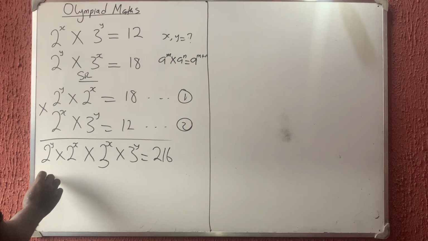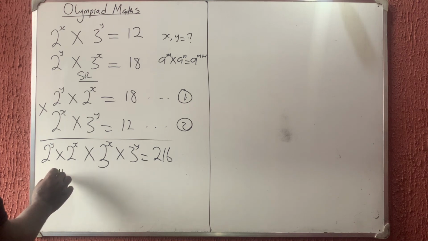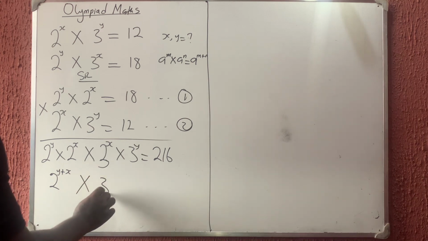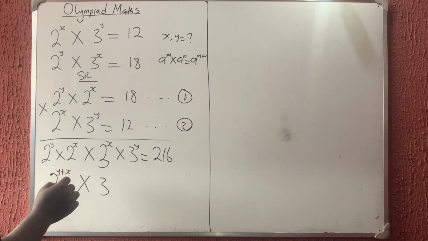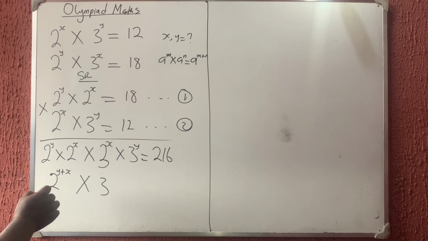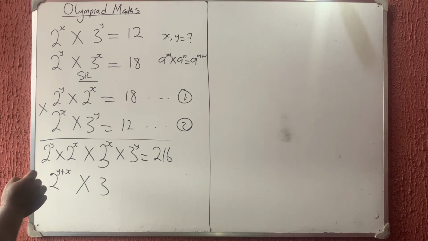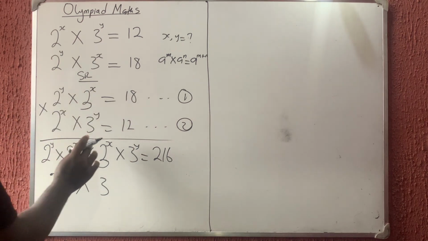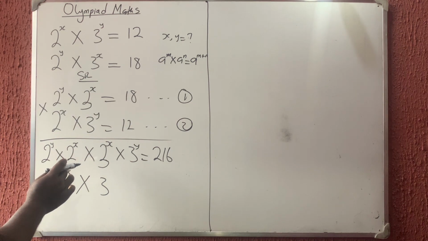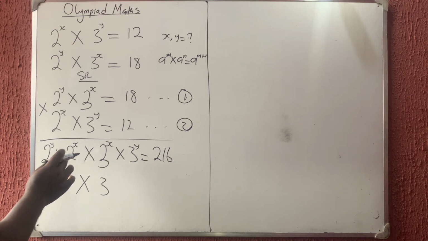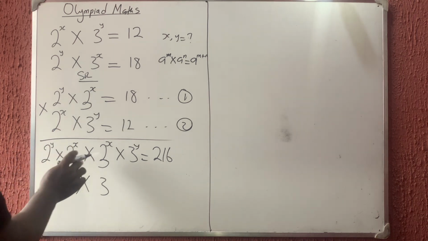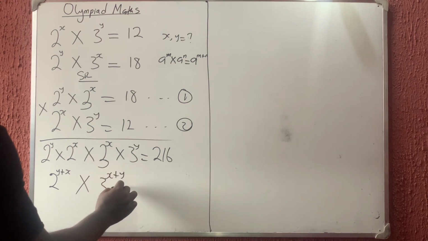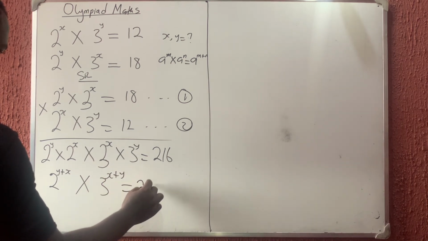I'm going to have 2 raised to power y plus x, times 3 raised to power x plus y is equal to 216.